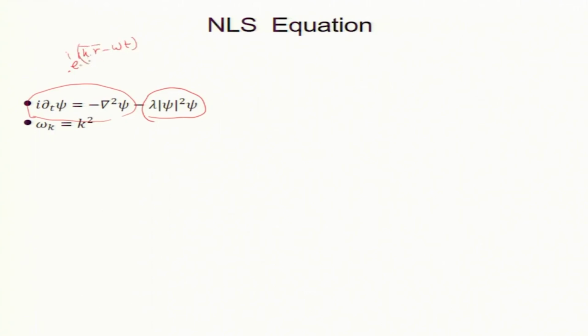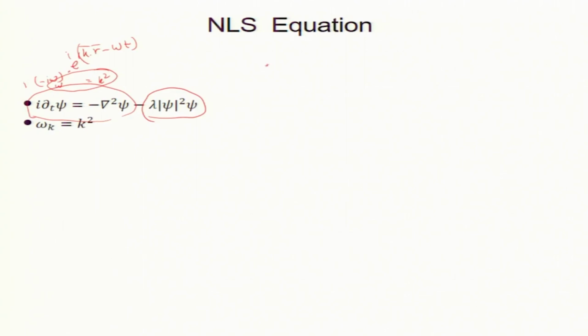If I substitute it here, then I get minus i omega, and there is i already sitting here. So, i squared will give you minus 1. So, this becomes omega, and minus Laplacian will give us k squared. So, this omega equal to k squared is the dispersion relation. Okay. And it is a dispersive wave because omega is not linear in k.